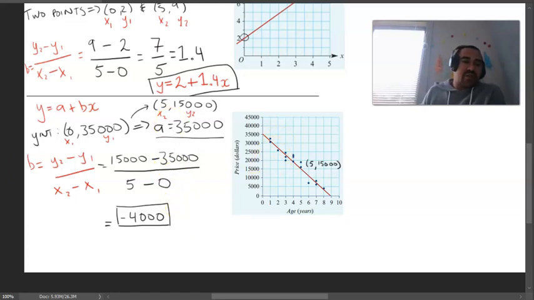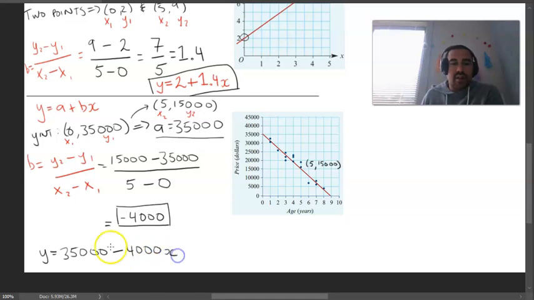So our final solution, we're going to write it in the format of y is equal to, we know our a, our intercept, it's 35000, and this is going to be minus 4000x, and that is our final equation.